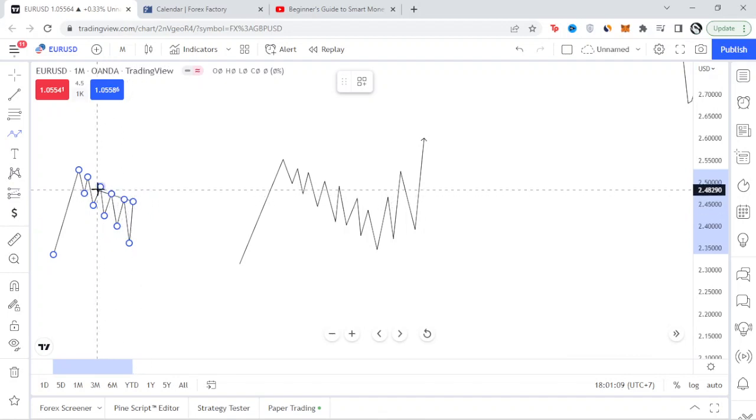Not this one, not this one, not this one, and not even this one. This one right here supported the last price move. So once it gets broken, that's your indication that we've switched our trend. This expansion alone changes everything from bearish to bullish.